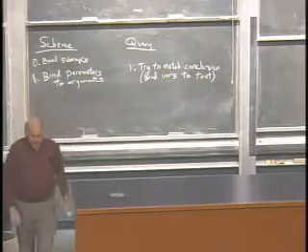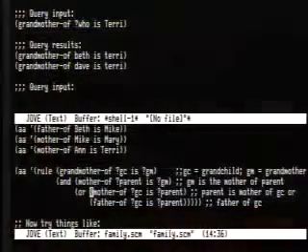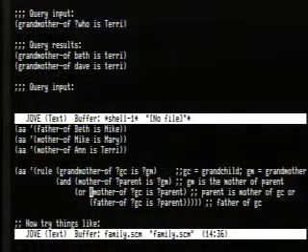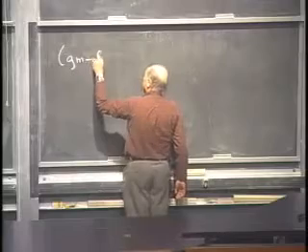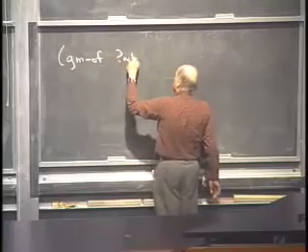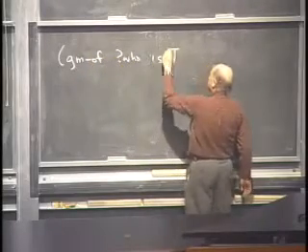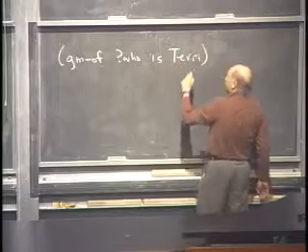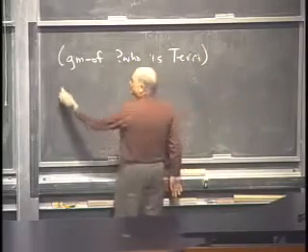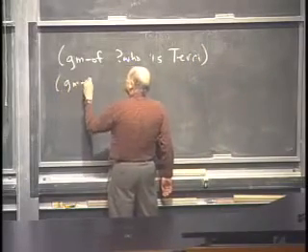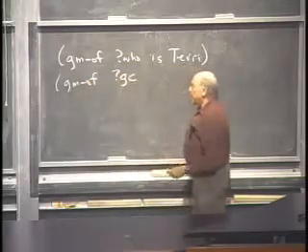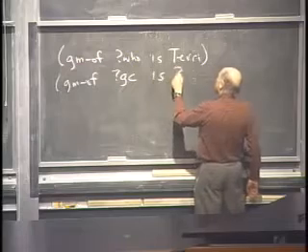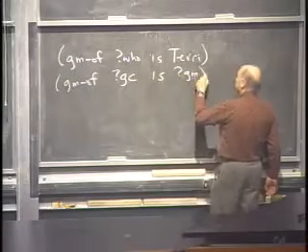I said, grandmother of who is Terry. The conclusion of the rule is grandmother of question mark GC for grandchild is question mark GM for grandmother.